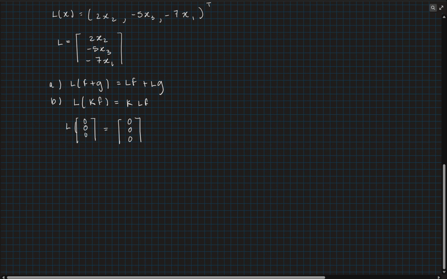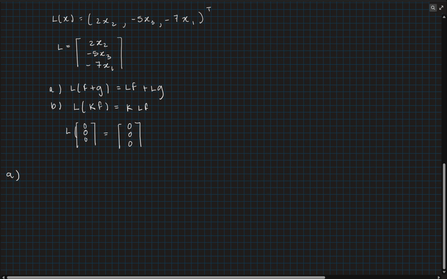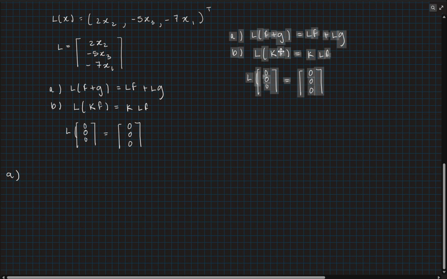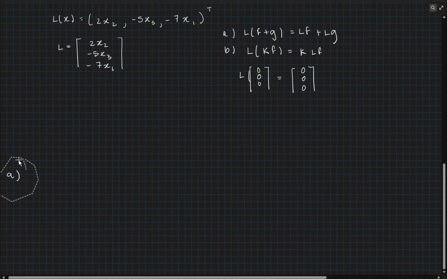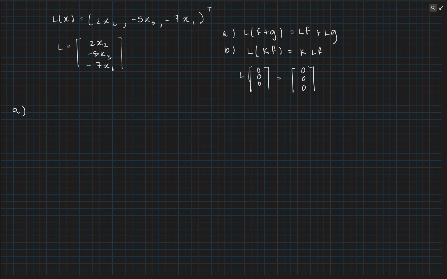And then we're going to check the first condition, A. Let me move some things over so that you can see. Okay, so let's check A. I'm going to say that L of f plus g.